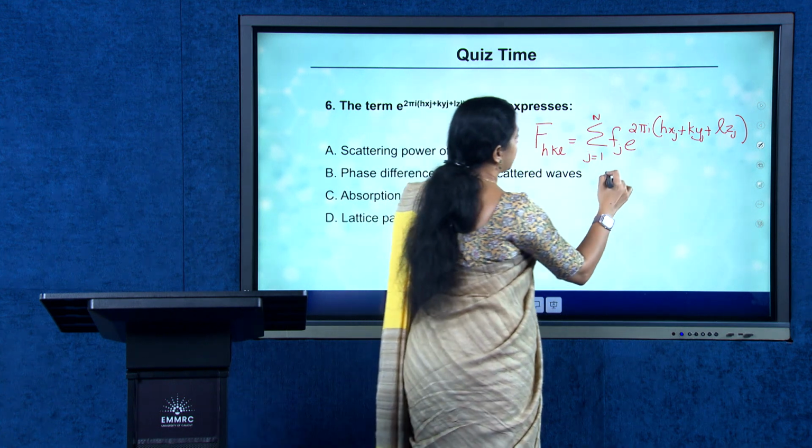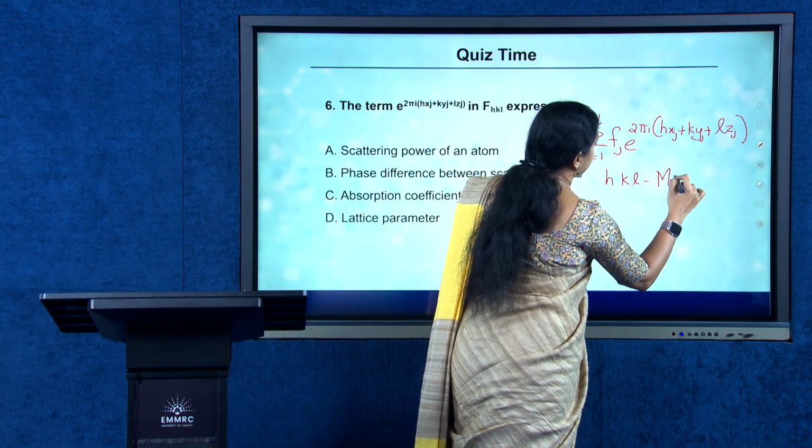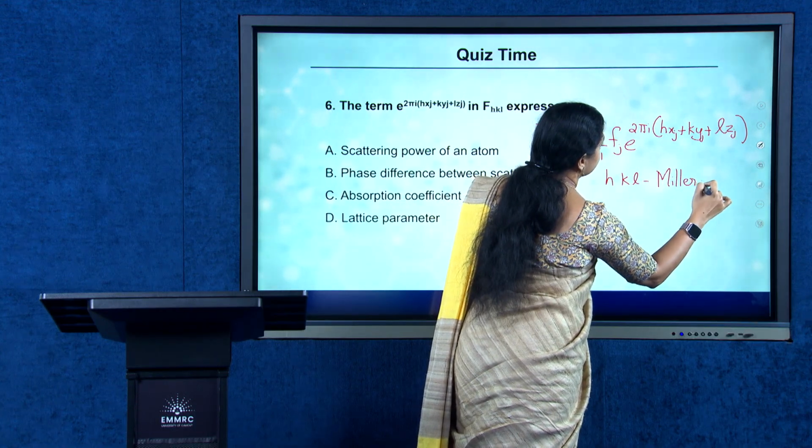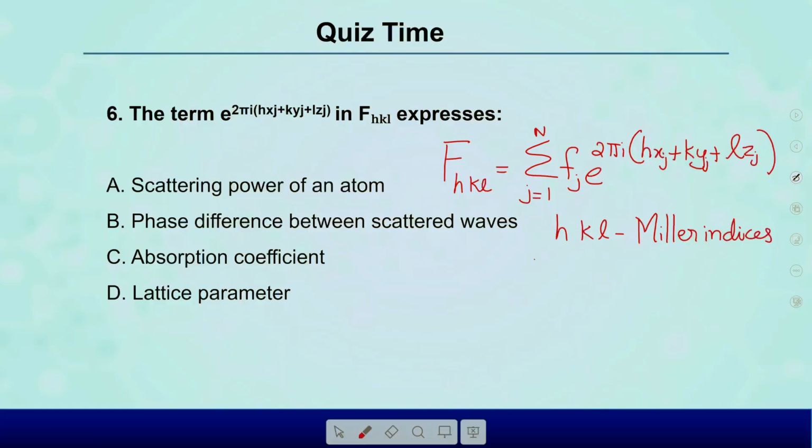So, here h, k and l are the Miller indices and x, y and z are the fractional coordinates.